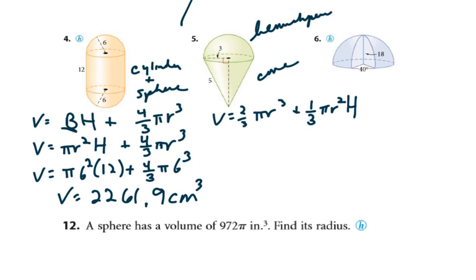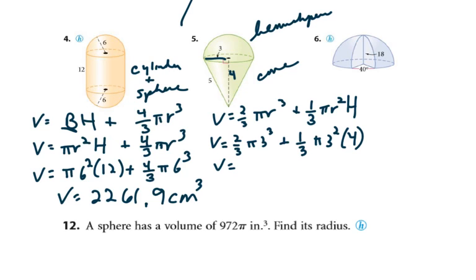Now be careful that h is not given in the problem. But we have a right triangle. You could use Pythagorean theorem, or you might remember that's a 3, 4, 5 special right triangle. So we have 2/3 pi 3 cubed plus 1/3 pi 3 squared, and then you use the 4 for the capital H.